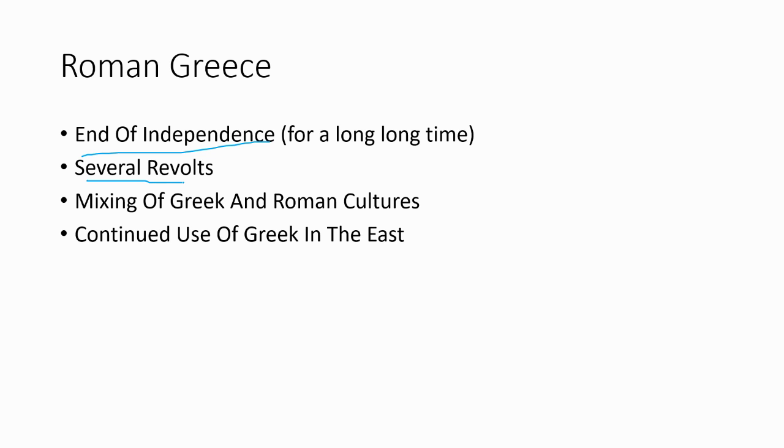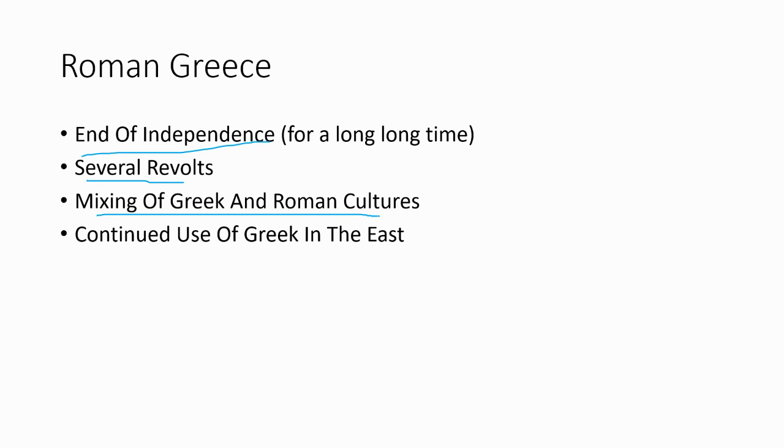But there were several revolts against the Romans in this time period. The mixing of Greek and Roman cultures occurred, so a lot of that was the Romans adopting Greek ideas, Greek cultures, language, customs. It even got to the point where sounding like you were a Greek was a posh thing to do in ancient Rome. But that's not the only way it went.